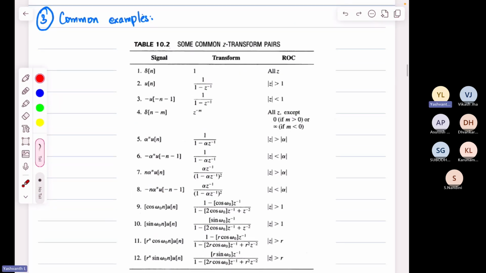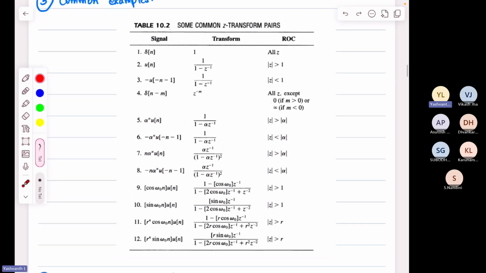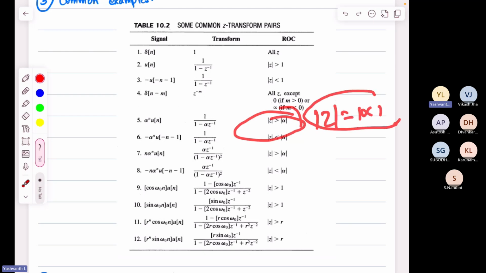Now, going back to some more important signals, alpha power n into u of n. The z transform is 1 over 1 minus alpha z inverse with ROC mod z greater than mod alpha. That is the exterior part of the circle mod z equal to mod alpha. You take the exterior part of this circle, and that is the ROC for alpha power n u of n and its z transform.